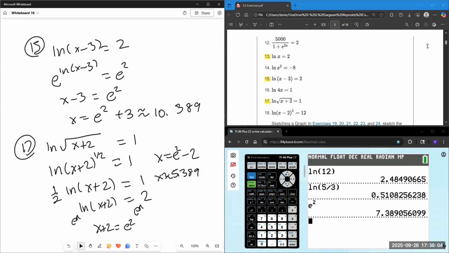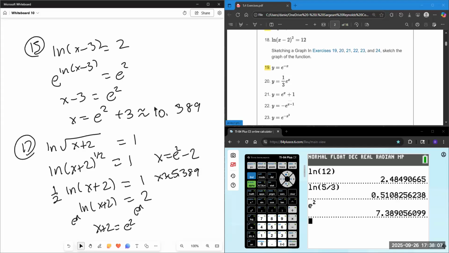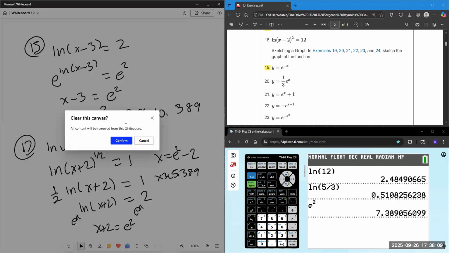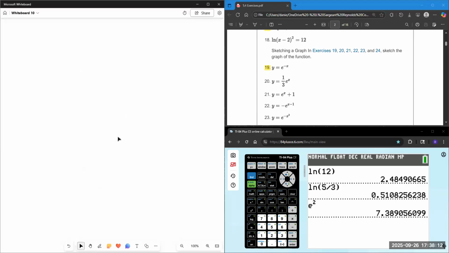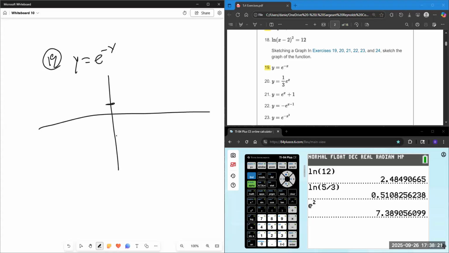Let's move on now to number 19. And 19 wants us to sketch a graph of y equals e to the negative x. So this is an exponential decay function. Still goes through 0, 1, and it's going to go through 1, 1 over e, 2, 1 over e squared, and it's going to approach y equals 0 as I come to the right here.